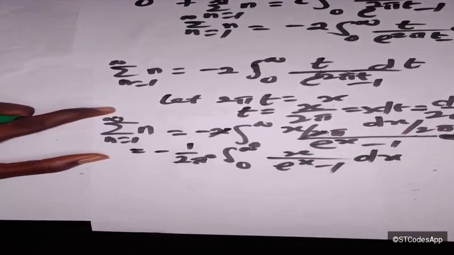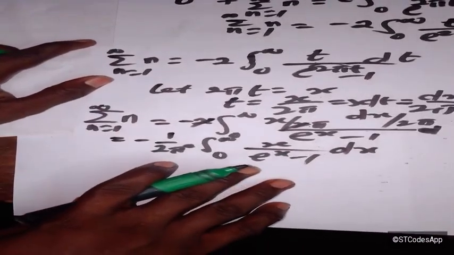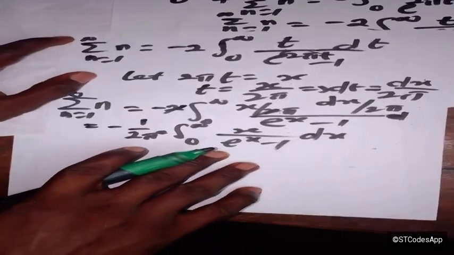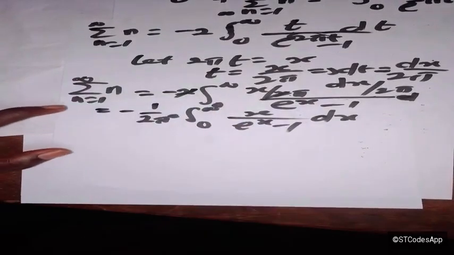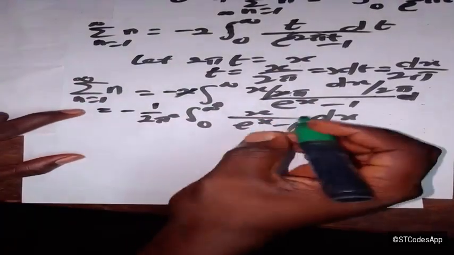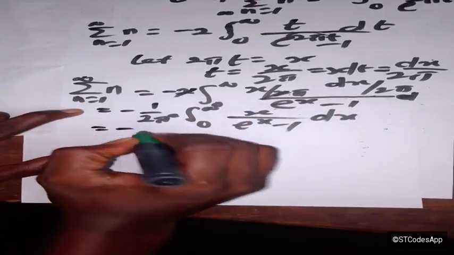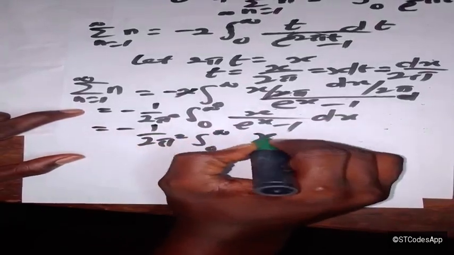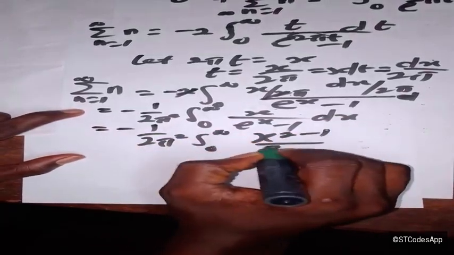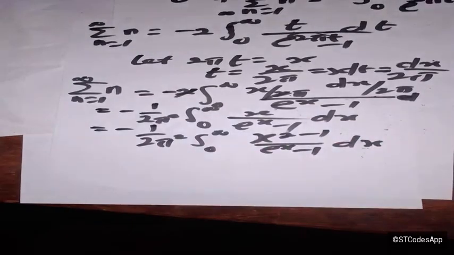In our previous video, I explained the Bose integral. I can write this as minus 1 over 2π² times the integral from 0 to infinity of x raised to the power of 2 minus 1 over e raised to the power of x minus 1 dx, because 2 minus 1 is just 1, and then we have our x.